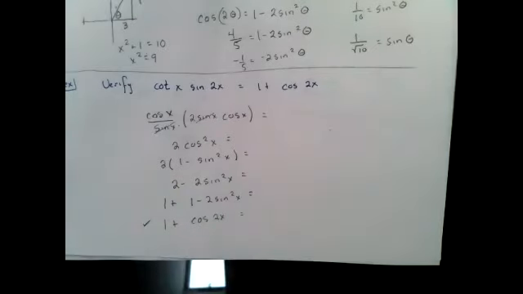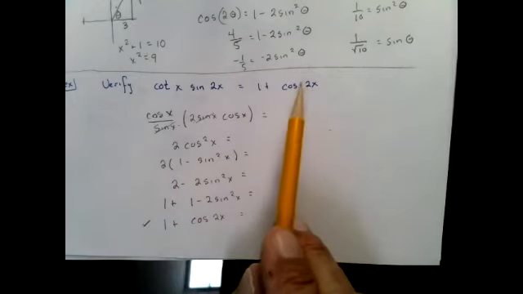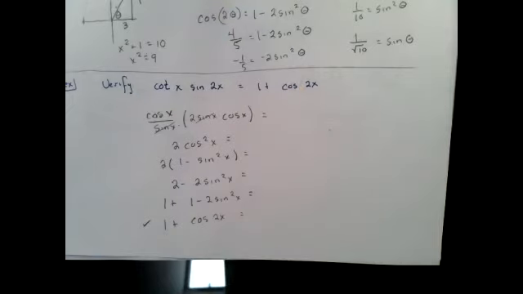Phew. Now that you see it once, it'll be easier the next time. I knew where I wanted to end up: 1 plus the cosine of 2X.